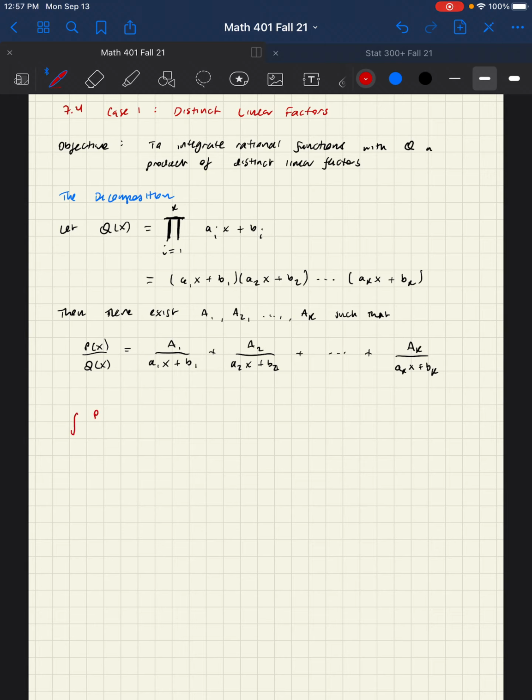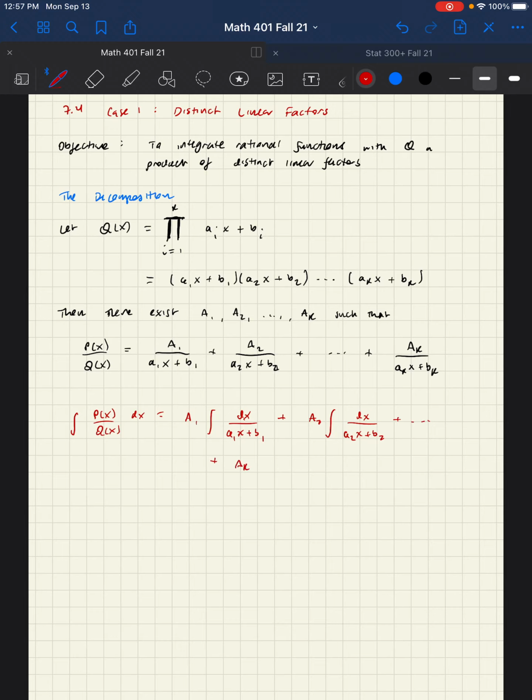So when we do this, that means the integral of this thing will just become A1 times the integral of dx over a sub 1 x plus b1, plus A sub 2 times the integral dx over a sub 2 x plus b2, and so on.